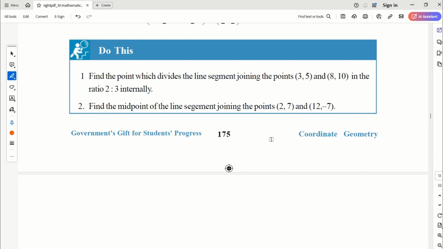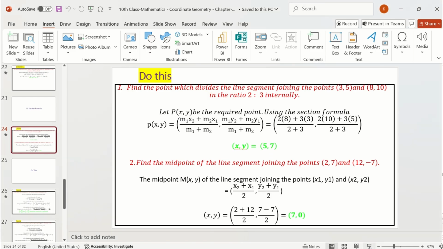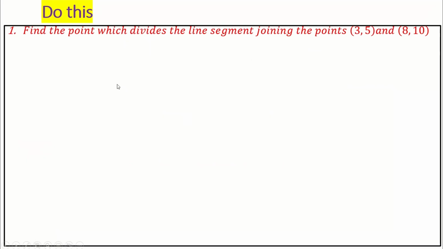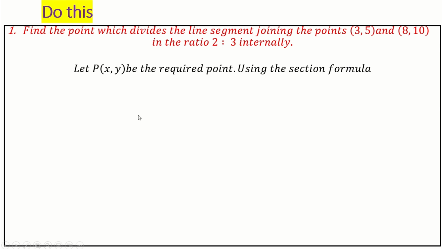Let's do the next section now. Find the point which divides the line segment joining the points in a 2:3 ratio. Let (x, y) be the required point.